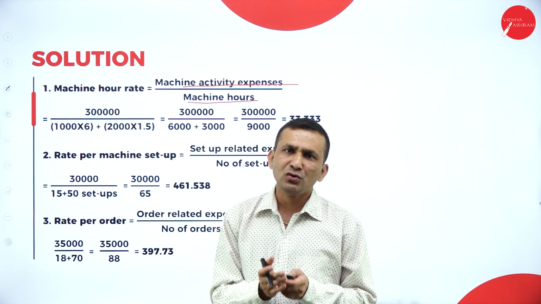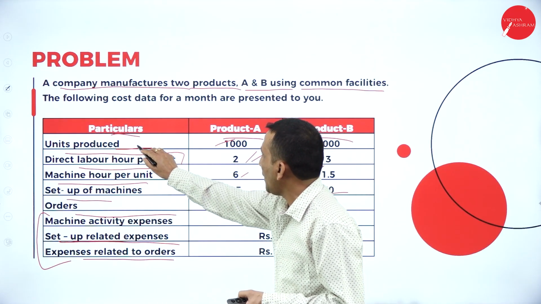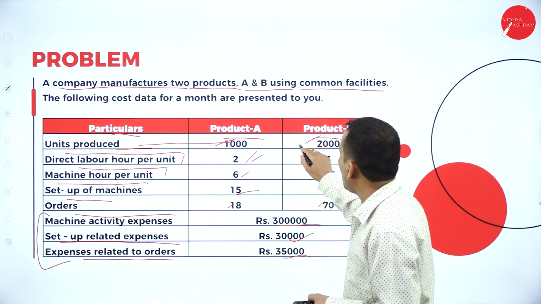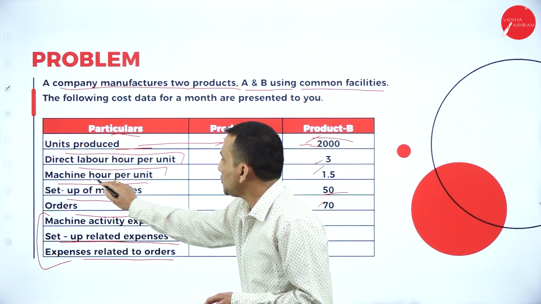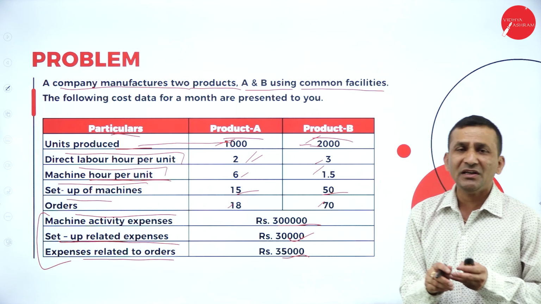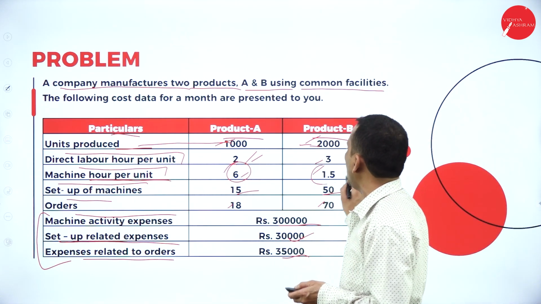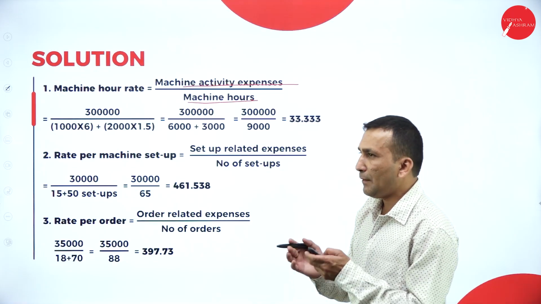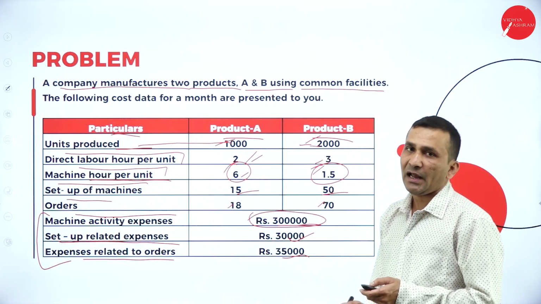The machine rate is also given here. When we are calculating the machine hour rate, obviously we need to consider 6 and 1 rupee 50 paisa. That's why the machine related activity expense of 3 lakhs is given.